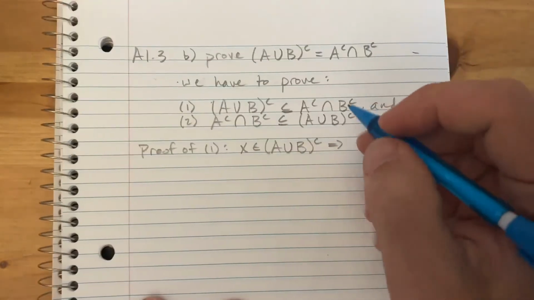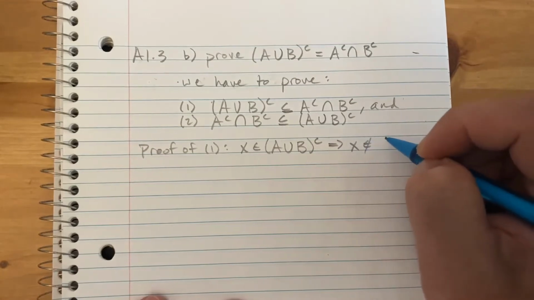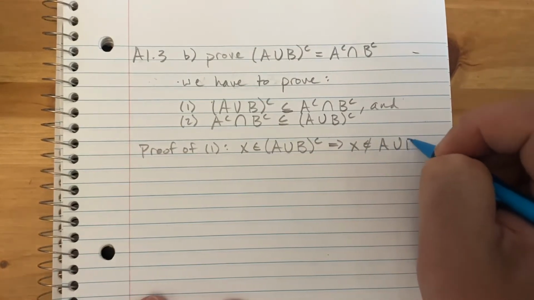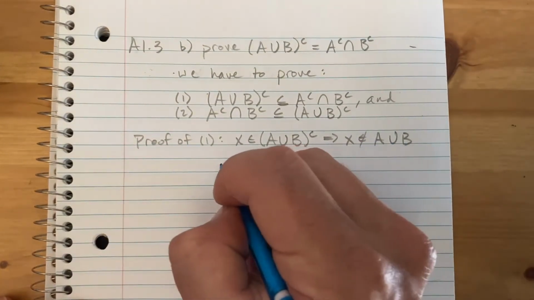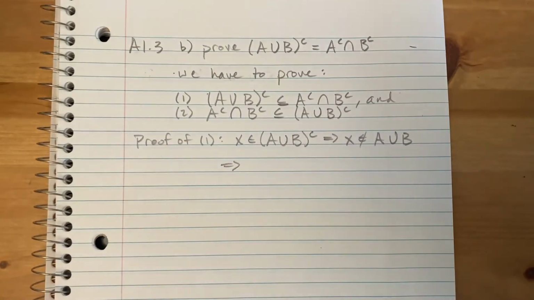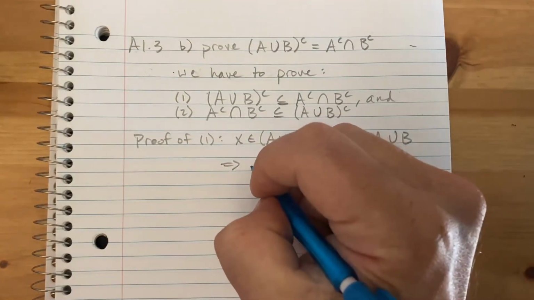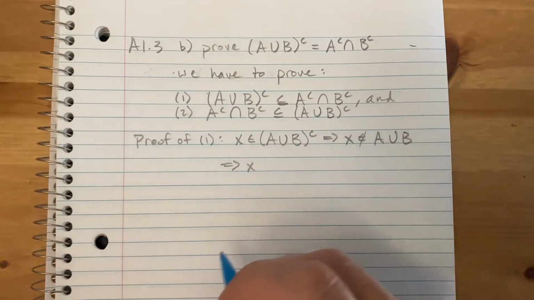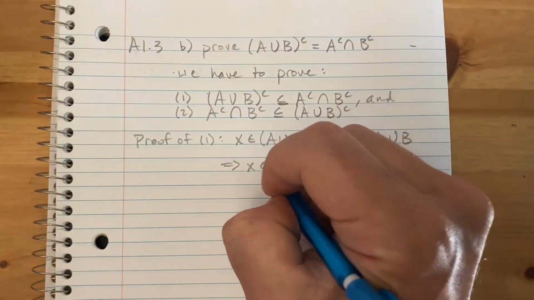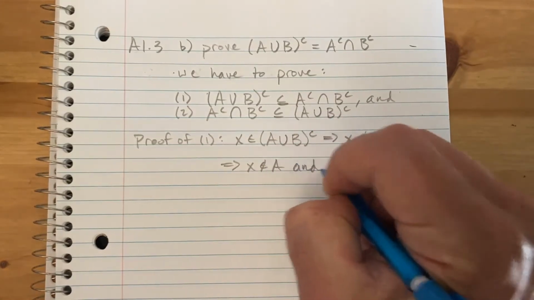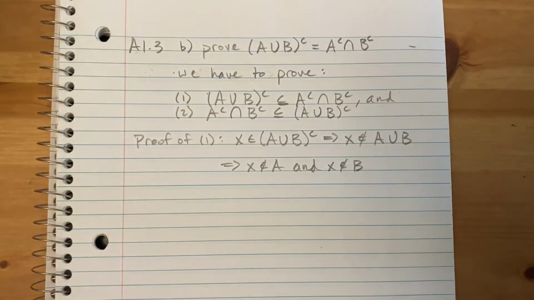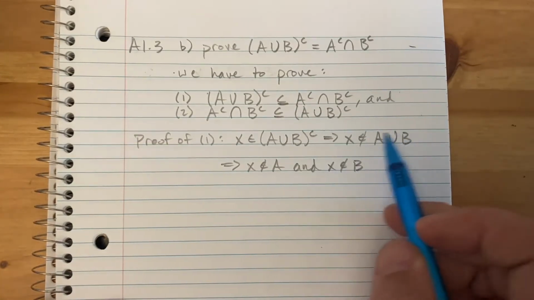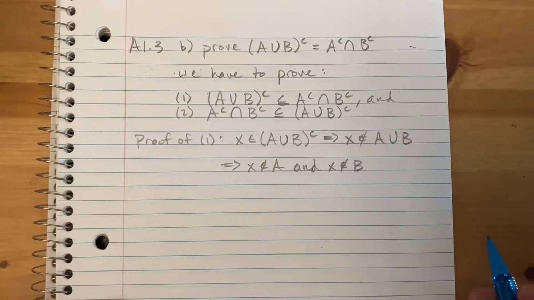Another way of saying that is that X is not an element of A union B. And if that is true, then that implies that X is not an element of A and also not an element of B. So all other elements outside of these two sets added together.